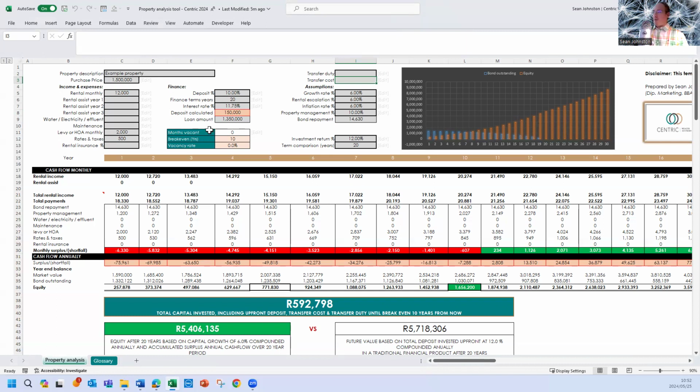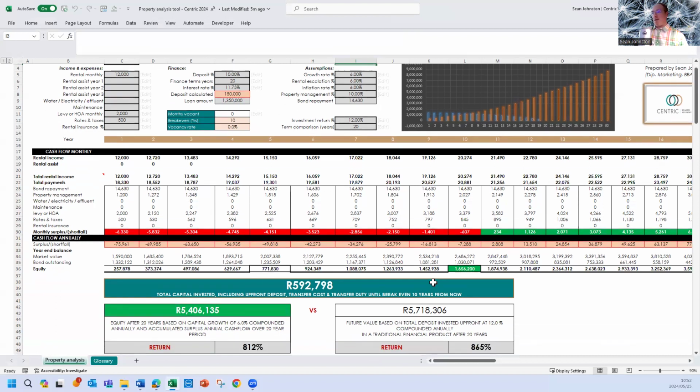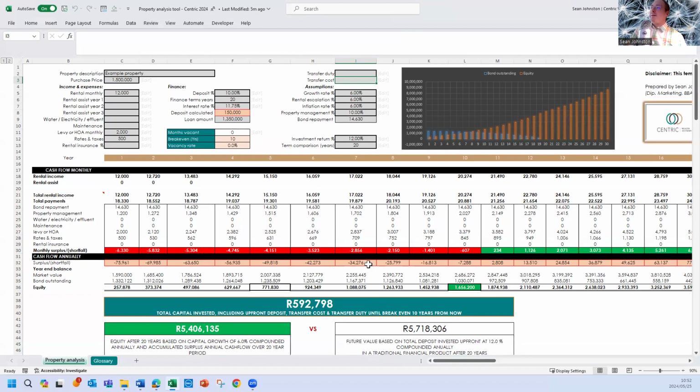But for this video, I'm going to explain how one would look at property from an investment point of view and what to look out for when you're factoring in your returns and then comparing that to a traditional investment. The property in question, now just bear in mind, investment property can vary from a 750,000 Rand property up to around about a 1.5 million.